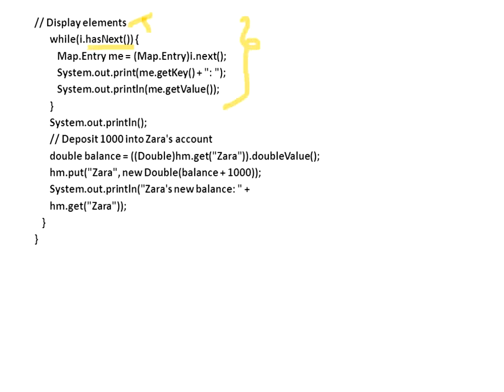So we have while i dot hasNext, Map dot Entry me equals Map dot Entry i dot next.